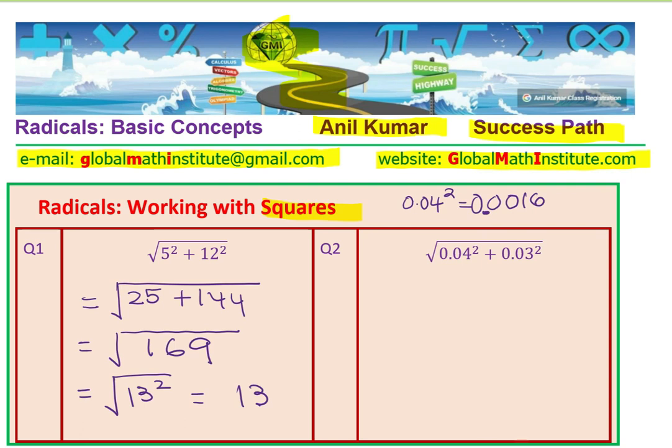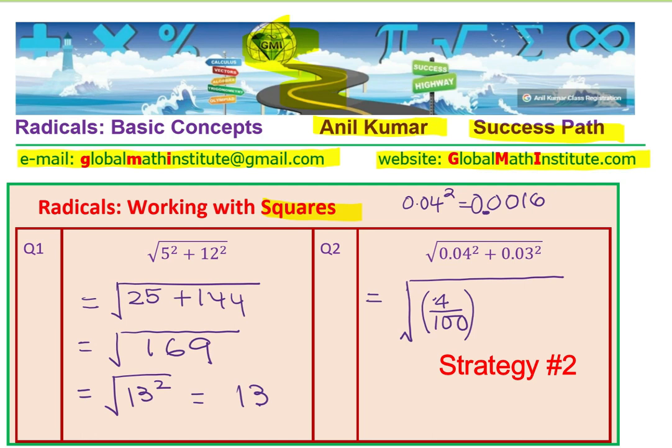Now here, I'm going to discuss with you an alternate approach. The alternate approach for me is that I'm going to write this decimal as a fraction. So we're talking about 0.04 whole square. It could be written as 4 divided by 100, that is 4 over 100, whole square, plus this will be 3 over 100 whole square. Makes sense, right?